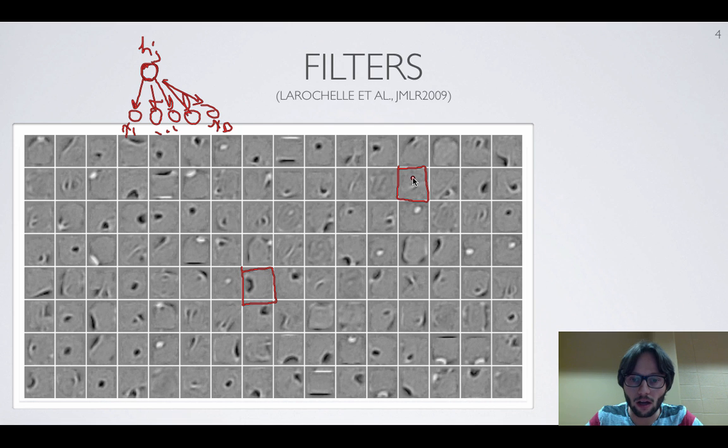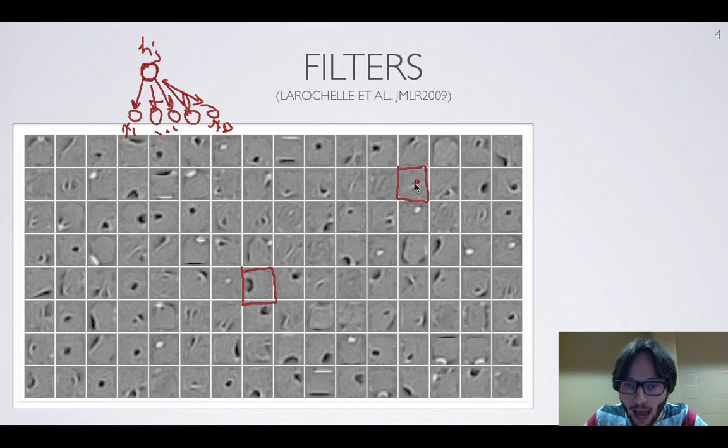If part of the image is gray, it means that we're multiplying by 0, so whatever the value of the pixel is, it won't have an impact on the probability of the hidden unit. If it's white, it means that if the pixel is non-zero, then it will increase the probability of that hidden unit.